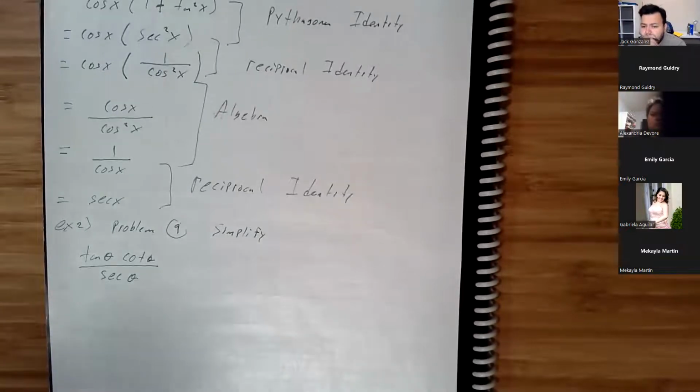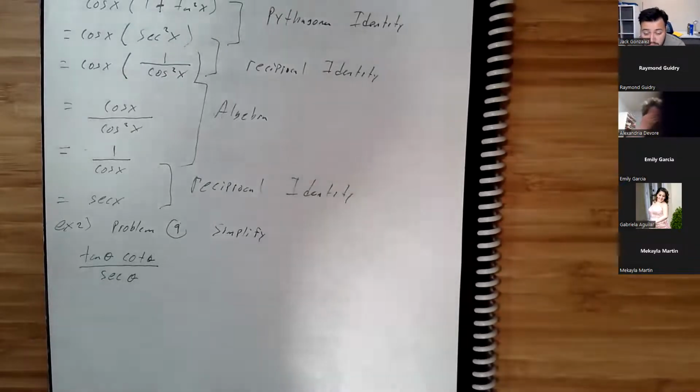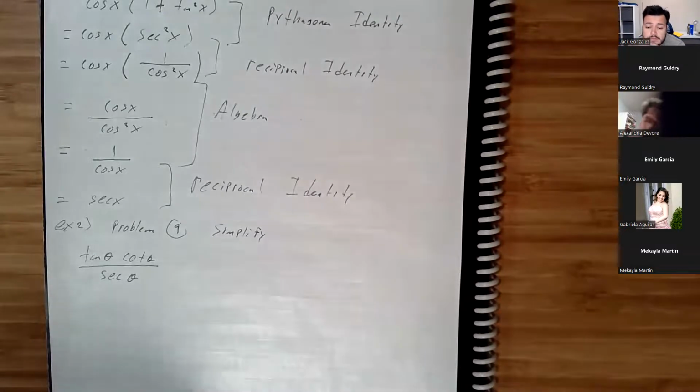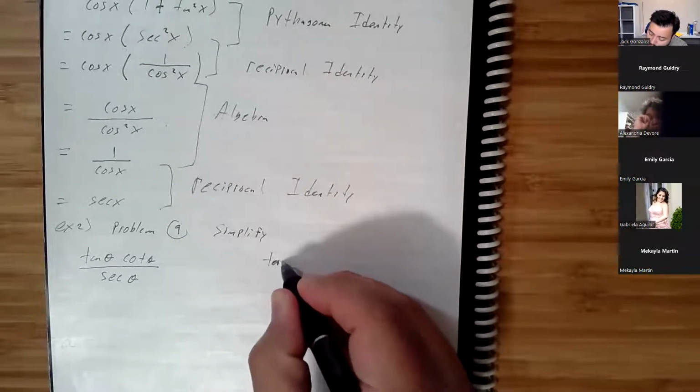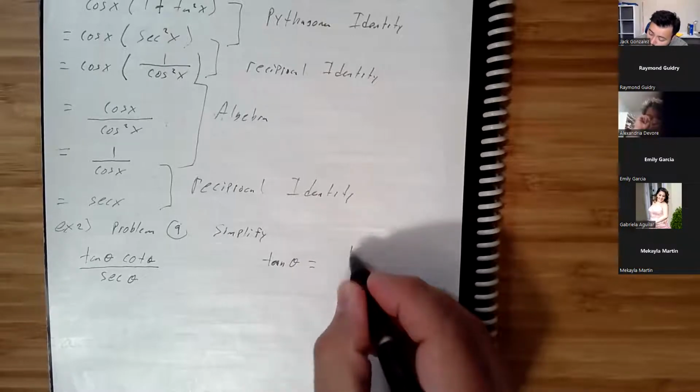Okay. So there's two ways you can think of this. You can think of tangent and cotan in terms of reciprocals, or you can think of them as ratios or quotients. You know that tan is equal to 1 over cotan, correct?